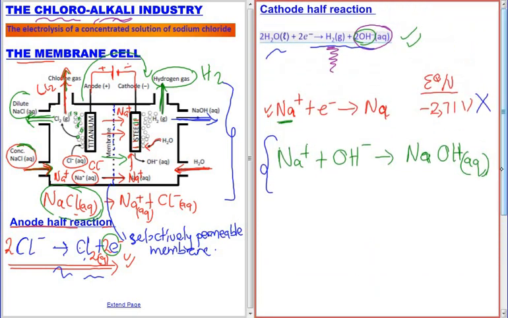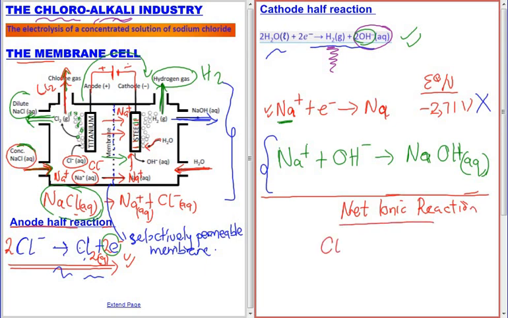Okay, so what you do is you're going to have to take your anode half reaction. So how do we find our net reaction or net ionic? Let's start with net ionic reaction. So all that you need is to take your anode reaction.